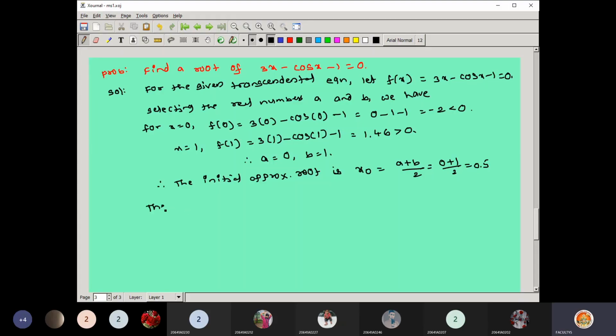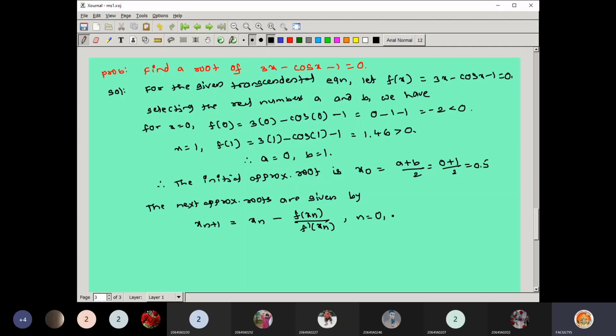Next you are calculating the next approximate roots. The next approximate roots are given by the formula x(n+1) equal to xn minus f of xn divided by f dash of xn.